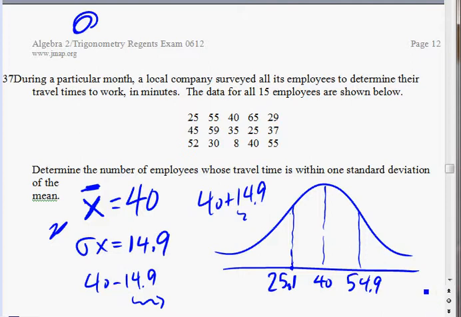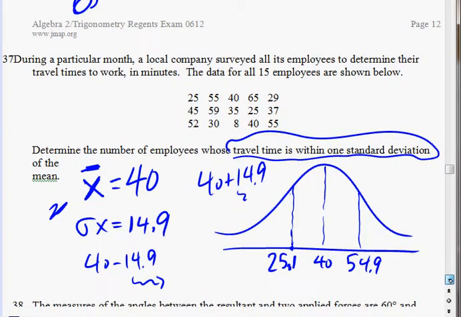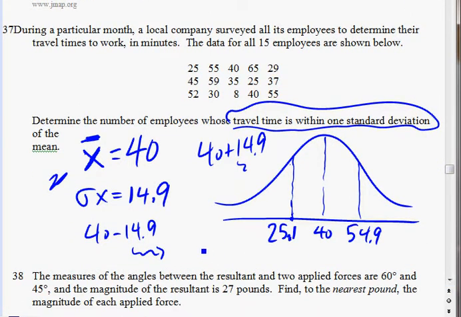And since the question is asking for the travel time within one standard deviation of the mean, the travel time is anywhere from 25.1 minutes to 54.9 minutes, right?